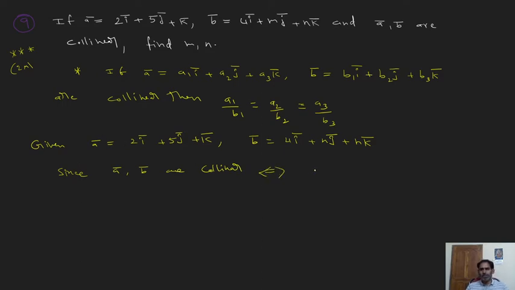A1 by B1, 2 by 4, equals A2 by B2, 5 by M, equals A3 by B3, 1 by N. The K bar coefficient is 1 here. So 2 by 4 is 1 by 2, 5 by M, 1 by N.